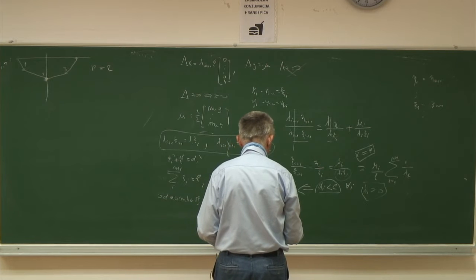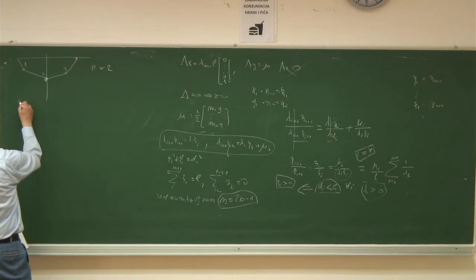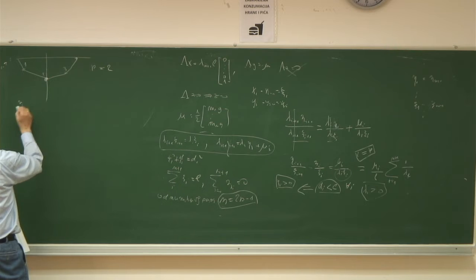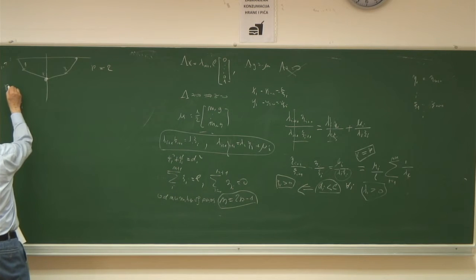So let's write once more. Eta i plus 1, so i is equal to p.